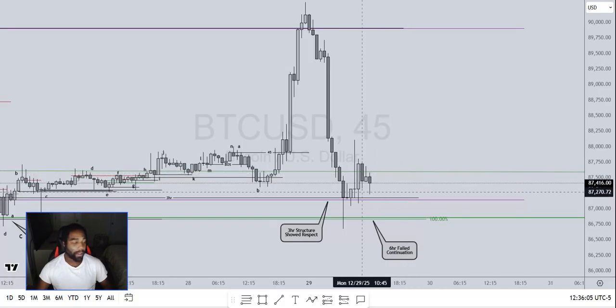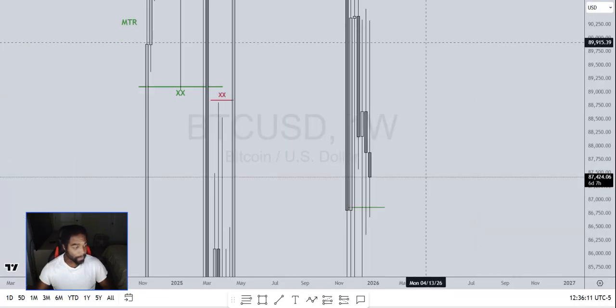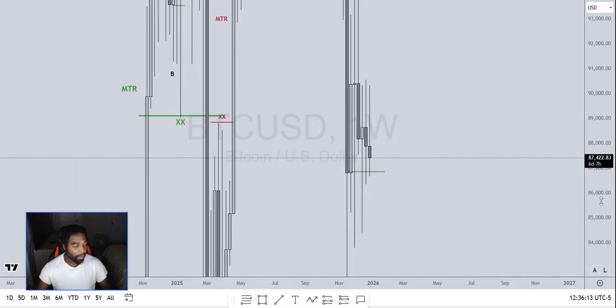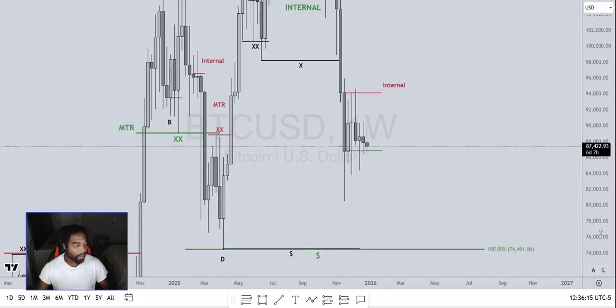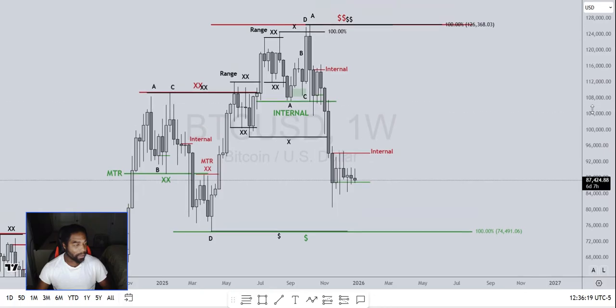Now, like I said, we most definitely can anticipate price to push higher. You know what I mean? Just understanding what price is doing based on what price did, we can anticipate what price is going to do.